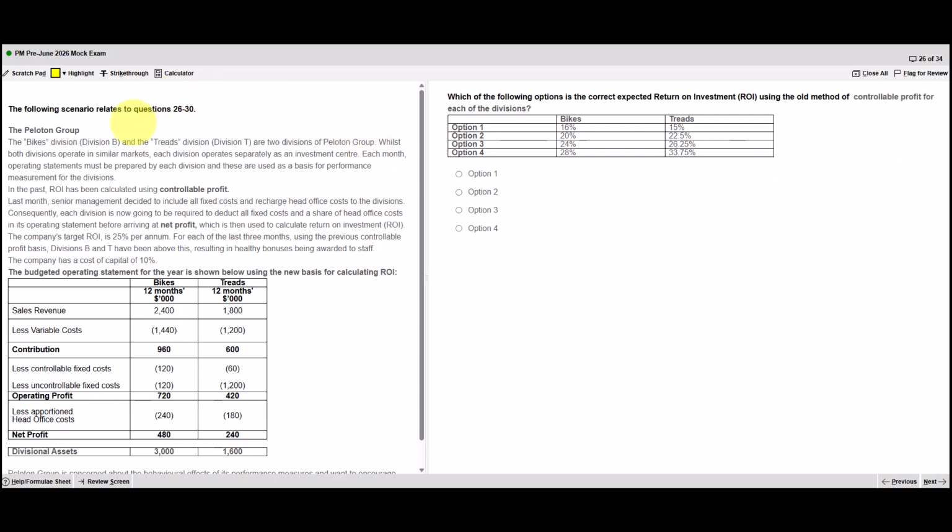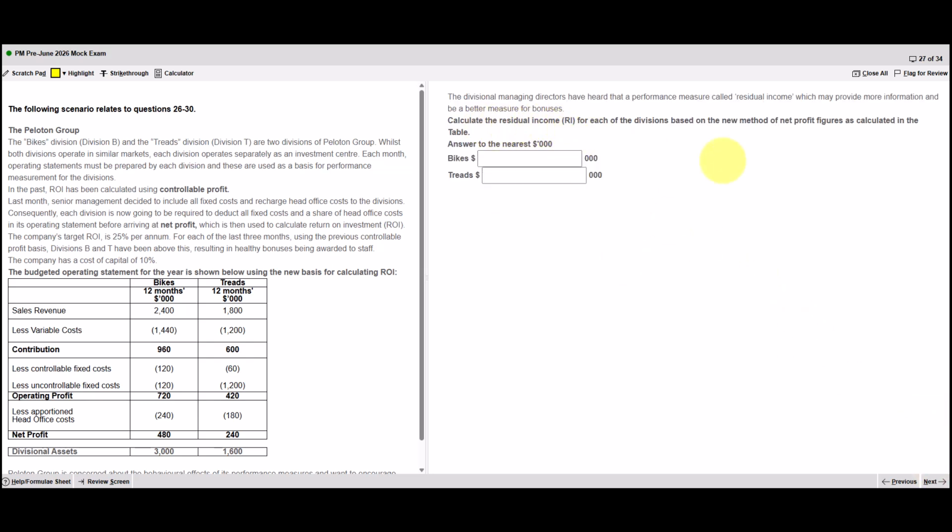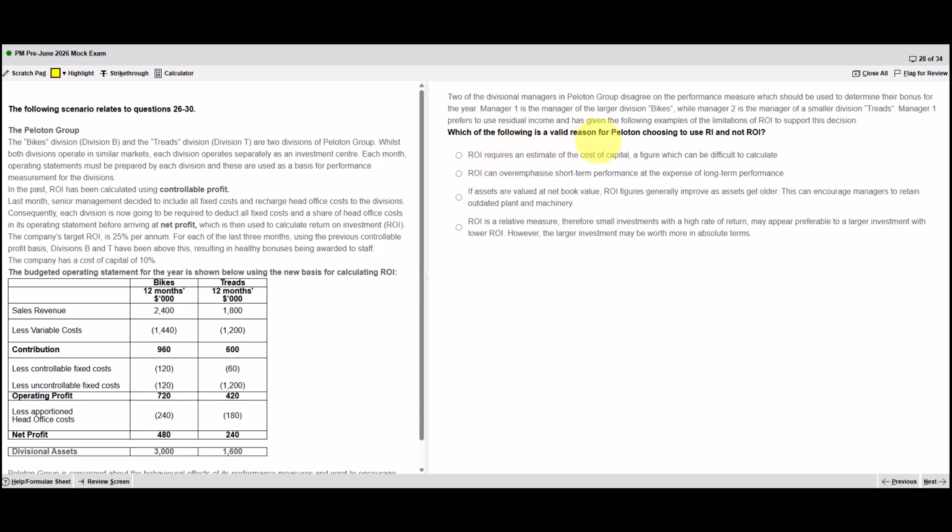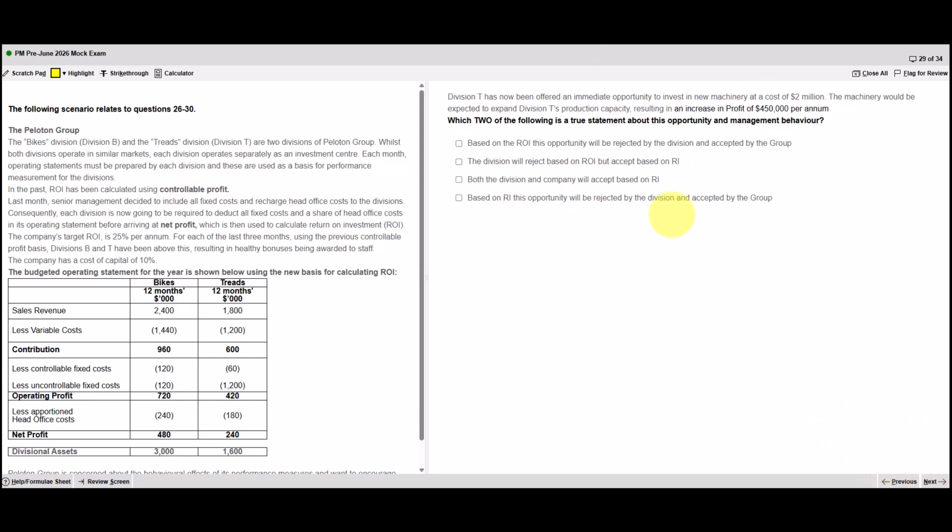On to the Peloton group, questions 26 to 30. Which of the following options is the correct ROI using the old method? It's definitely going to be a calculation there. Which of the following is a valid reason for choosing to use RI rather than ROI? Feels like there's a lot of information to incorporate there, so I would hold off doing that one.